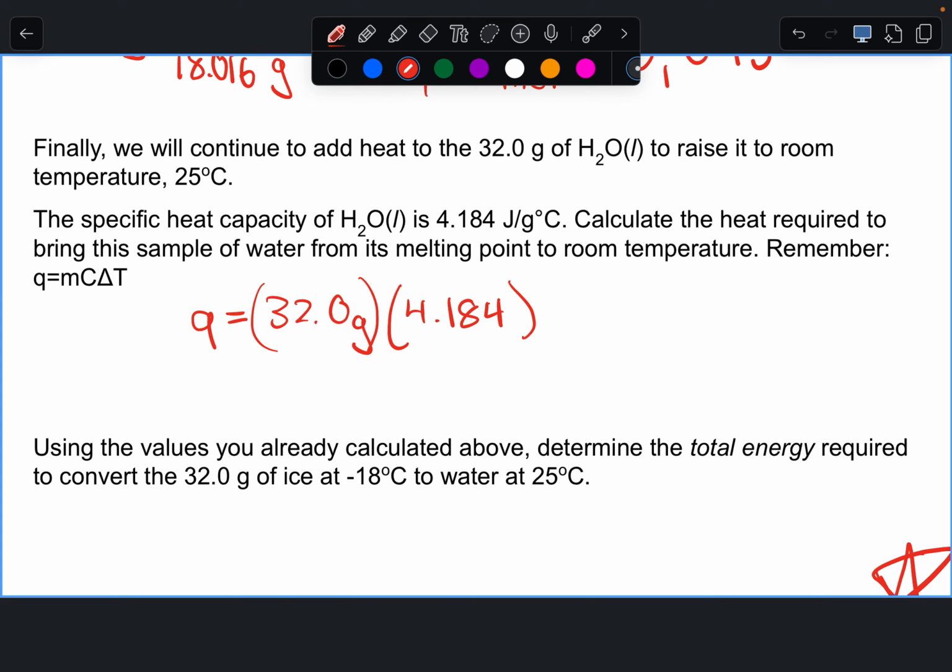So I'm now using 4.184, final temperature minus initial temperature. So it's still positive because we're adding energy in, and this one is 3,347.